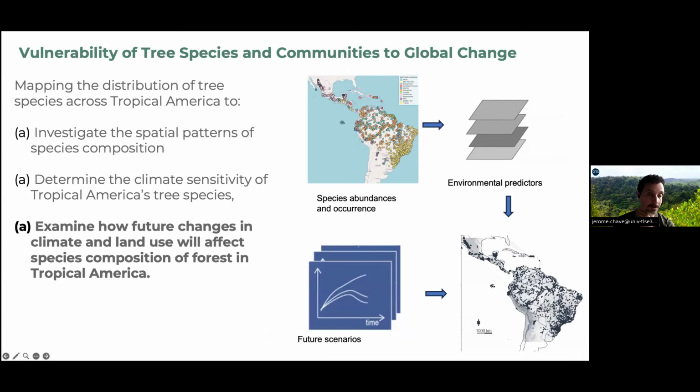And third, we'd like to examine how future changes in climate and land use will affect species distribution, and so develop forecasting scenarios for this region based on climate change scenarios, but also land use change ones.